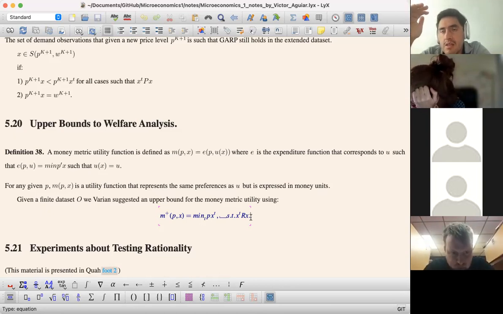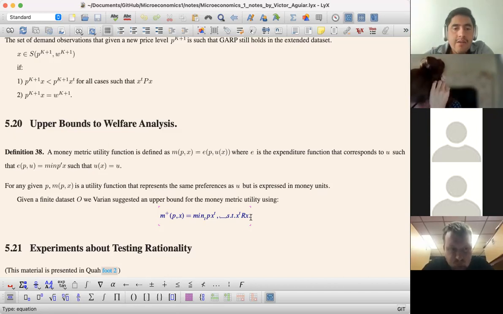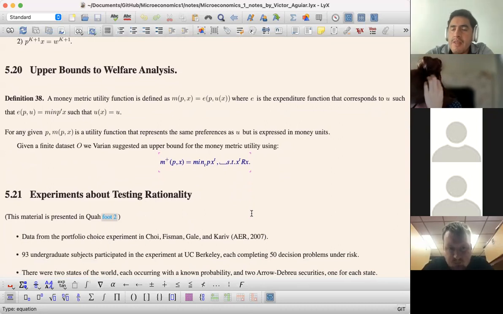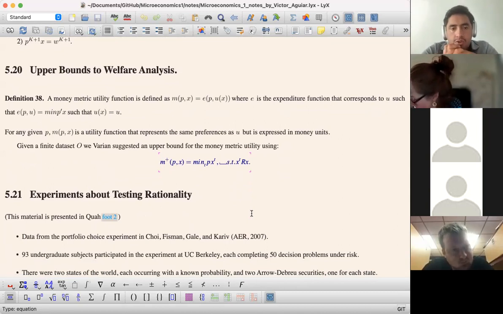The only objective here is to show you that with revealed preference, you can, for instance, know the maximum possible change of welfare that a consumer can have without knowing the actual utility. Because we don't know the actual utility, this is just an upper bound. You cannot pinpoint it exactly. And usually the lower bound is not very informative, so we don't care much about it. So this is the second object that I wanted to introduce.